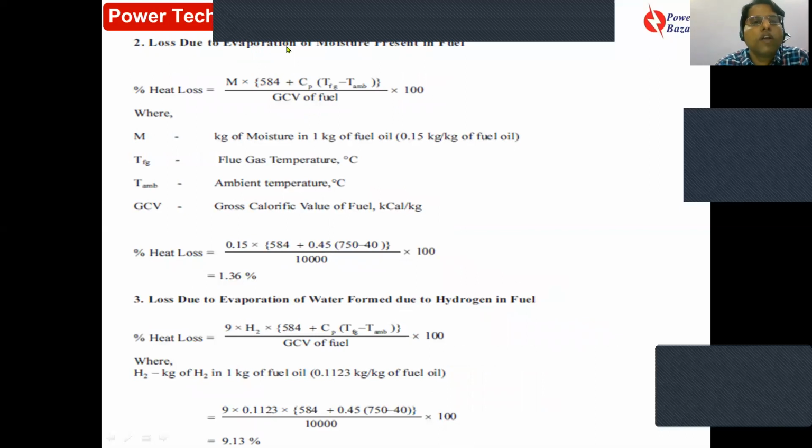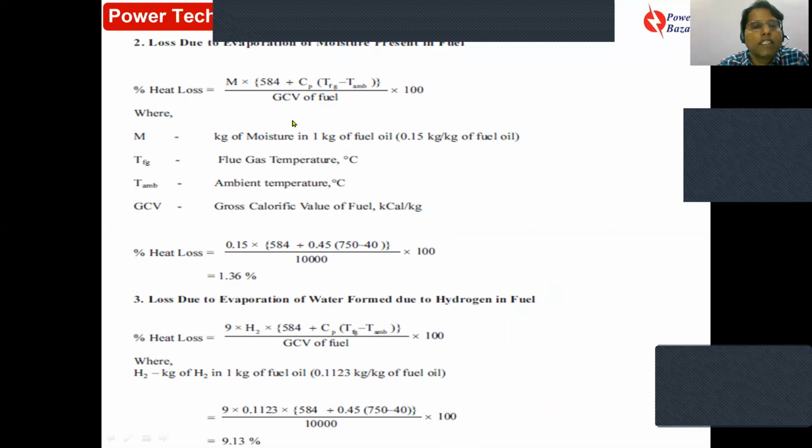Now you all remember this formula in the boiler. Percentage heat loss will be M into 584, which is the latent heat, plus Cp into TFG minus T ambient, divided by GCV. Cp is the specific heat of the steam, TFG is the flue gas temperature, T ambient is the ambient temperature, GCV is the calorific value.